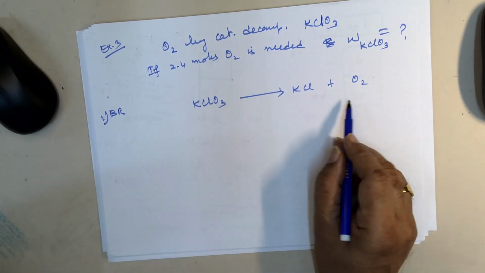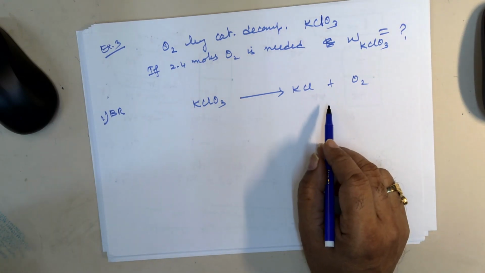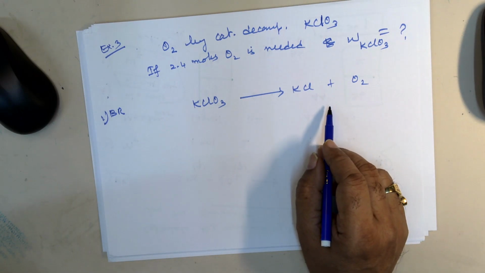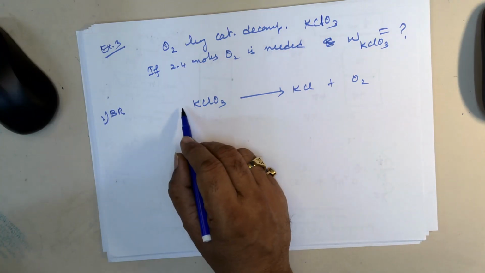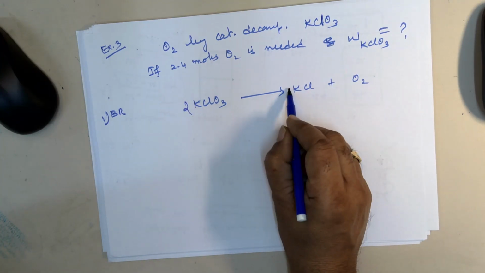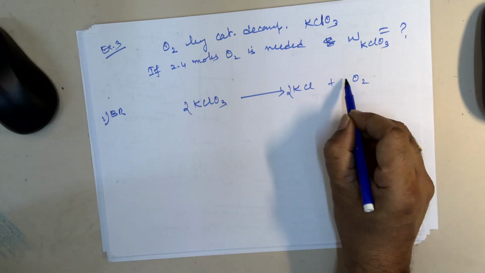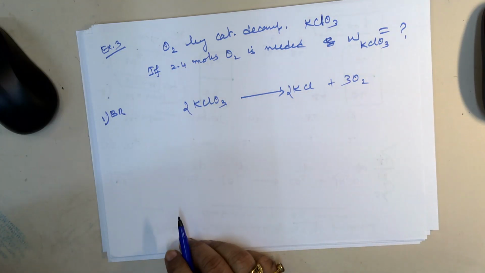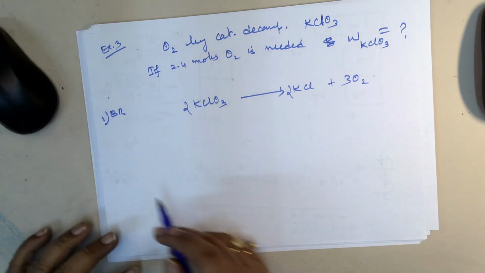Now we have to balance the chemical reaction. Okay, got it? So this is 2KClO3. So 2 3s are 6. So we can put 3. Done. So this is the balanced reaction.